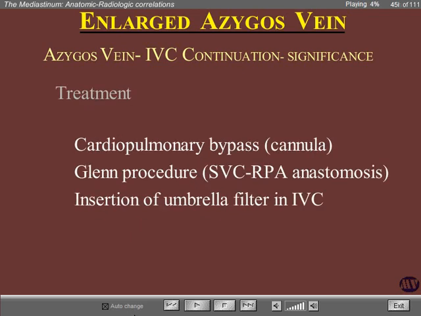Finally, the treatment significance of an enlarged azygos arch is that in cardiopulmonary bypass, the position of the cannula is critical when there is a very large azygos vein.